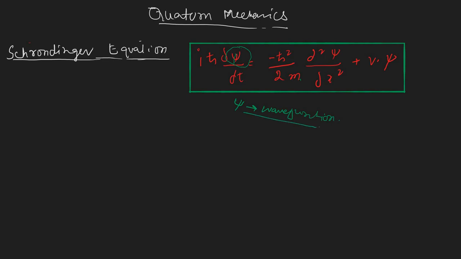Okay, so a little motivation as to why we need quantum mechanics in the first place, and largely why we need Schrodinger's equation, comes from the fact that if we look at a classical system, say for example, I have a ball, and this ball is thrown up with some force.